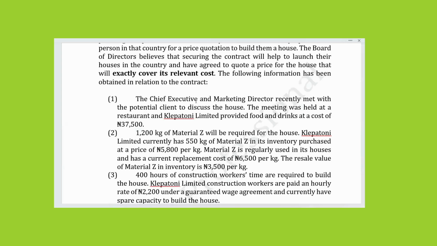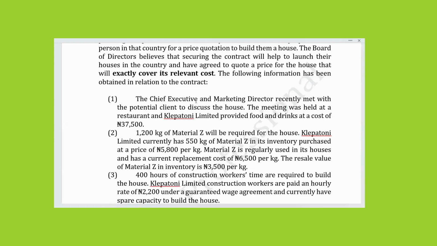I was just thinking like a typical Nigerian who has been using material to build at a site. If I'm planning a project and I will need 1,200 kg of a particular material to be used, and I have 550 on ground already, why can't I just deduct the 550 from that 1,200 kg, then be looking for the balance? I was just thinking that.